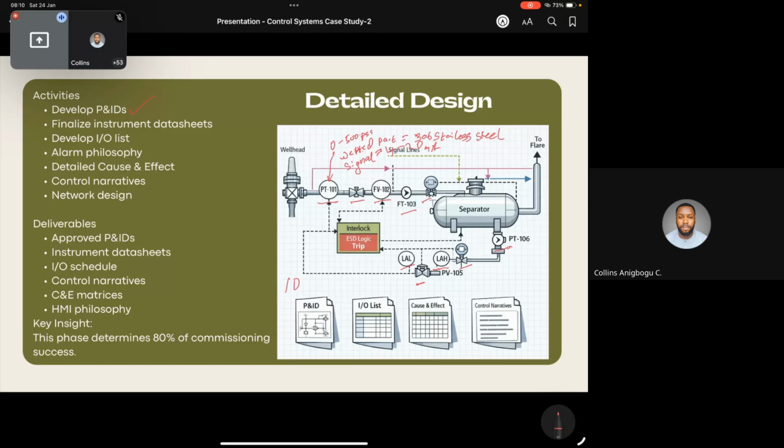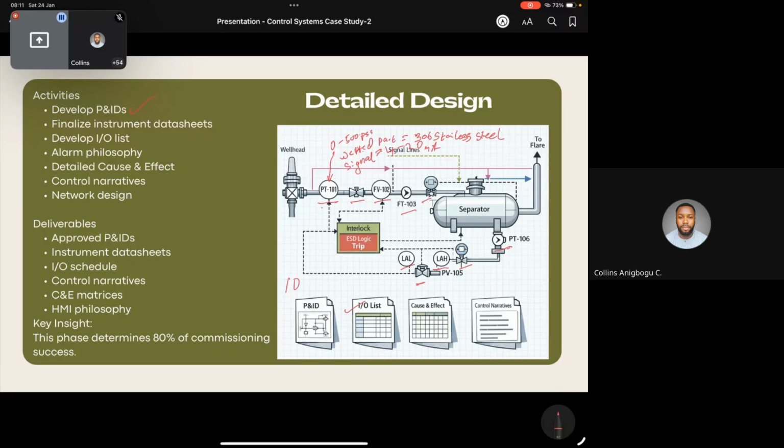And you not only define, you document. So each of these, you're going to generate what we call an IO list. Then you have your instrument index also. So it's a lot of work.